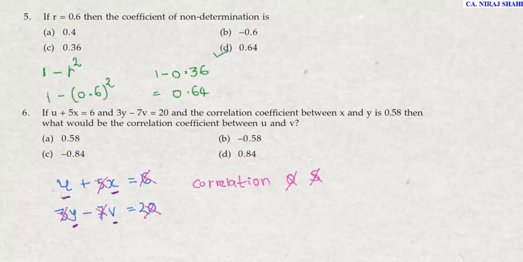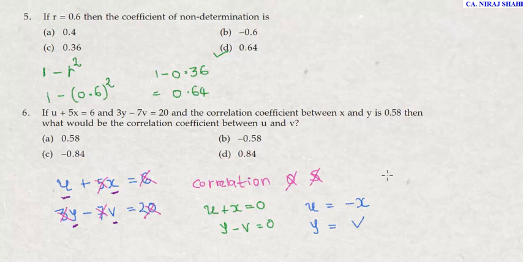So now our equation is converted into a very simple format, that u plus x is equal to 0 and y minus v is equal to 0. Let's further simplify it. So u will become minus x and y will become plus v.